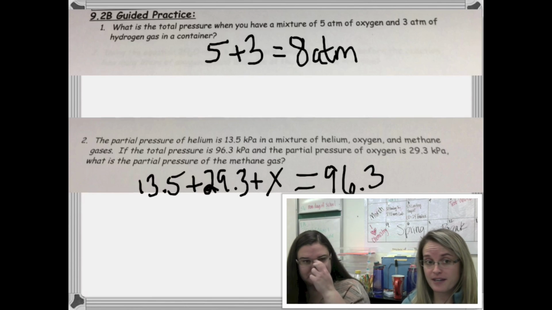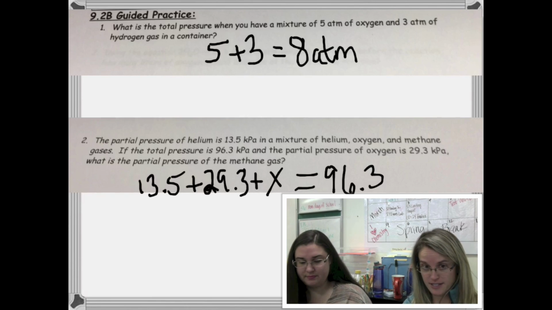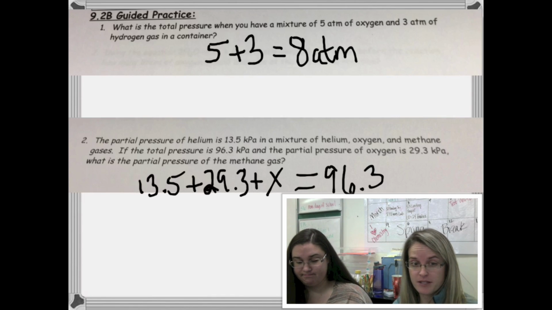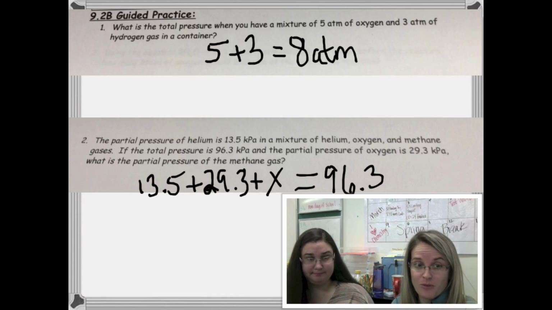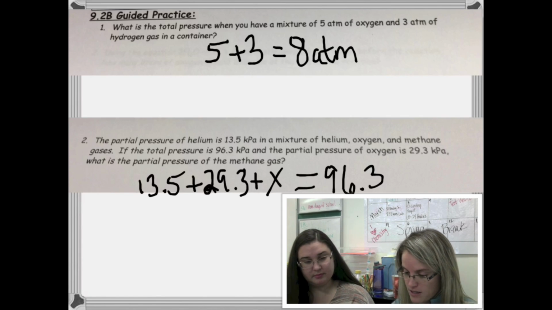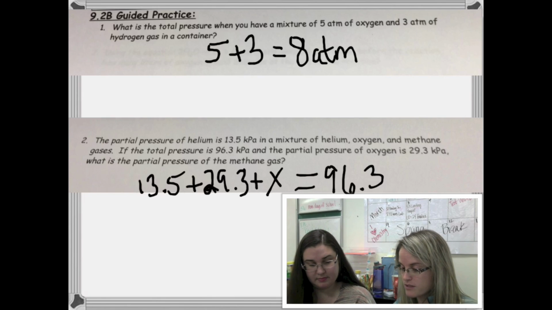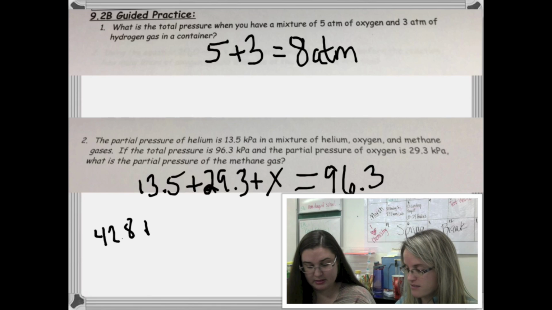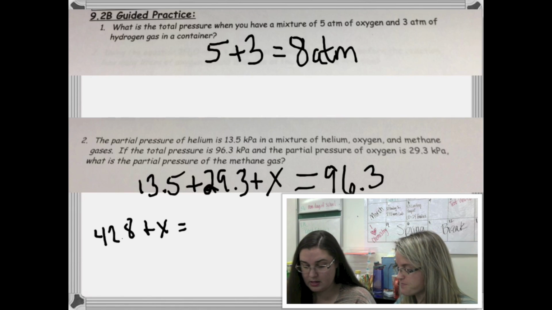Since we have multiple numbers on our side with an unknown variable, we're going to condense so we don't have to move as many numbers around. We want to move as few as possible so we make as few mistakes as possible. So I'm going to do 13.5 plus 29.3, and my total is 42.8 plus X, still equal to 96.3.